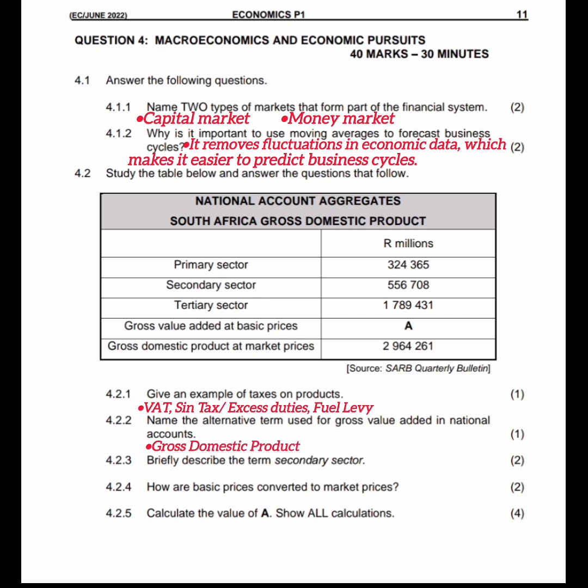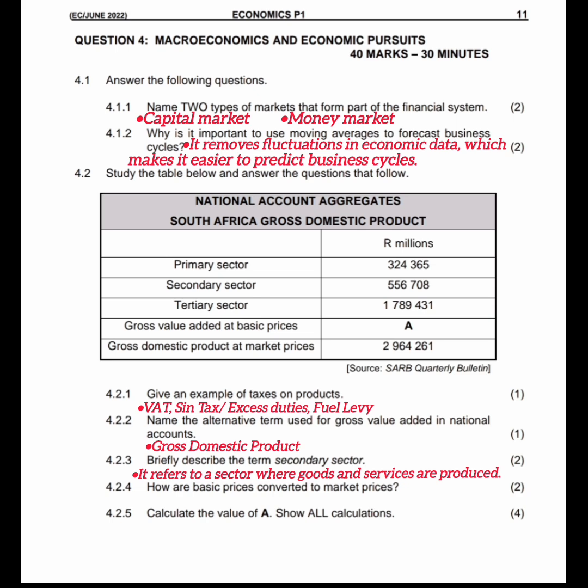And then we have our 4.2.3, briefly describe the term secondary sector. So secondary sector refers to a sector where goods and services are produced. So secondary sector is where goods and services are manufactured, right? So they are produced from the secondary sector.